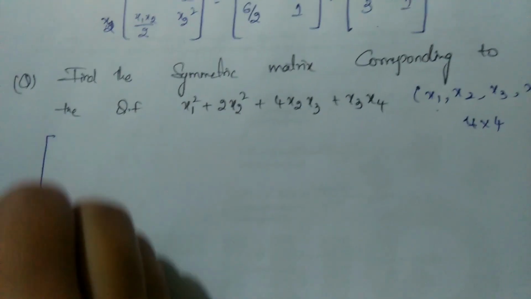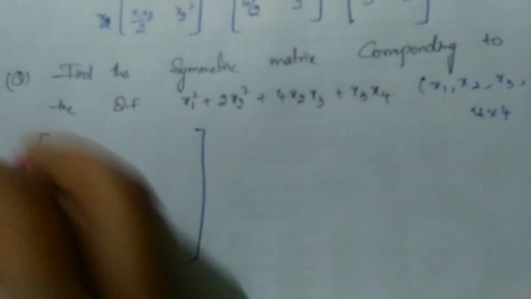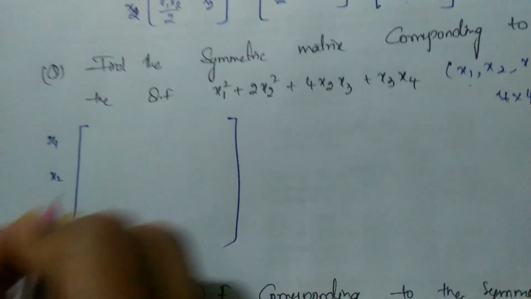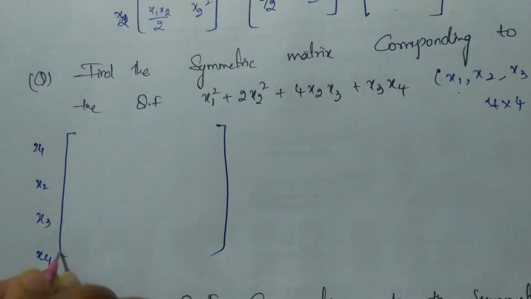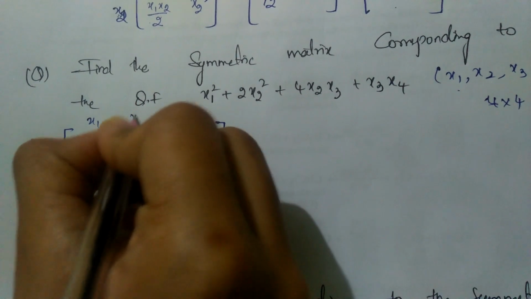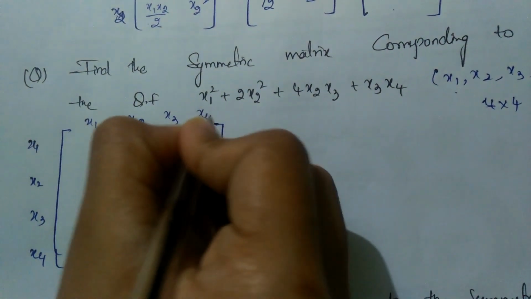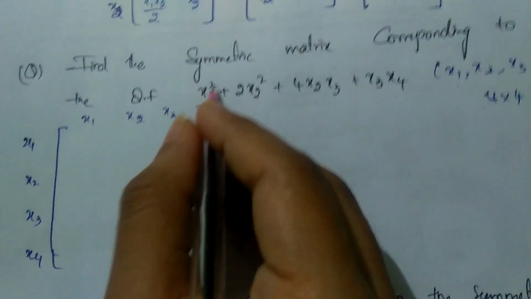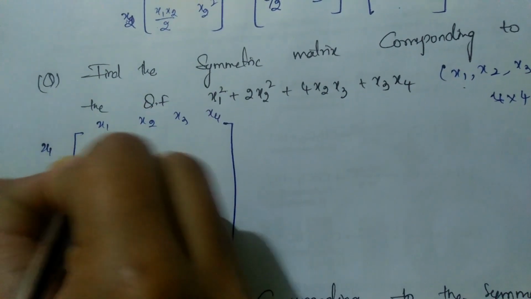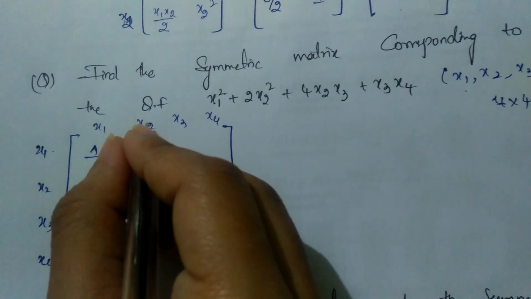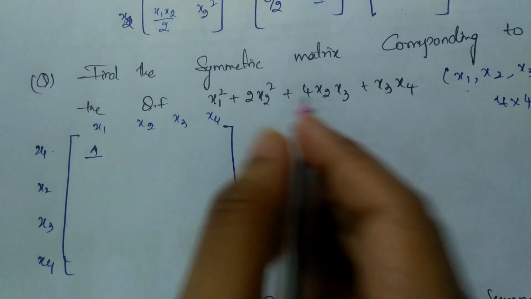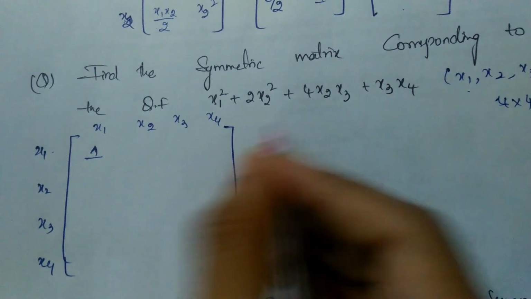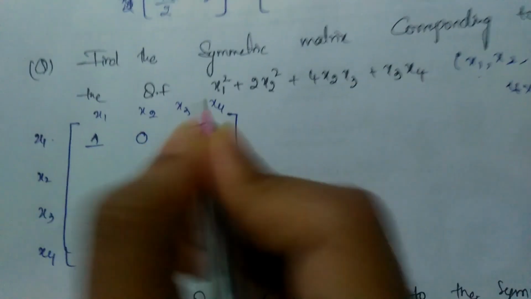So write the matrix with x1, x2, x3 and x4 along rows and columns. x1 into x1 is the x1 square coefficient, which is 1, and the x1 x2 coefficient is not there, so take it as 0.